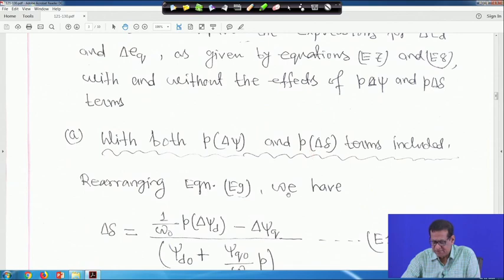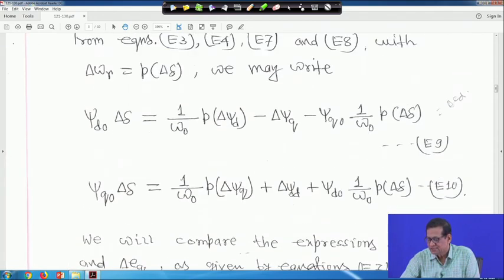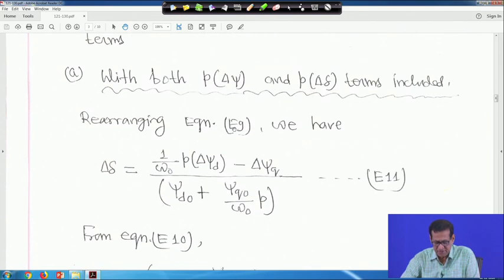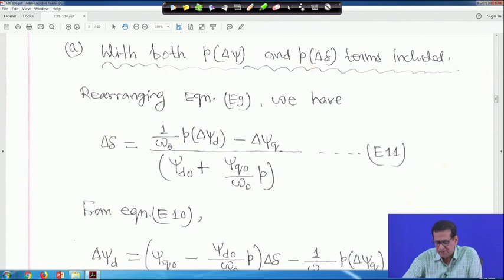Now, rearranging equation E9, that is psi d0 delta delta, it becomes delta delta equals 1 upon omega 0 P delta psi d minus delta psi q upon psi d 0 plus psi q 0 upon omega 0 P. This is equation E11.